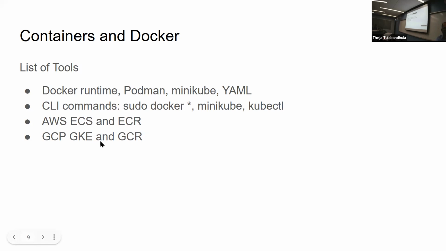And GKE and GCR: GKE is Google Kubernetes Engine. Kubernetes is a technology to manage containers. And GCR is Google Container Registry. Sorry. Those are the acronyms here, but we'll get to the last two bullet points later, including also Minikube and kubectl. We'll deal with it later.